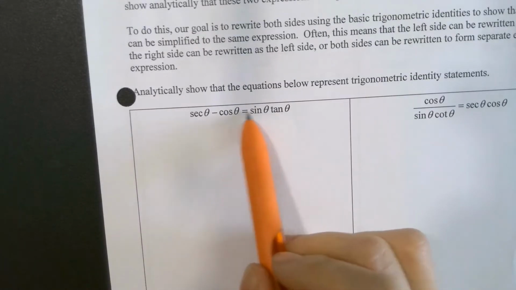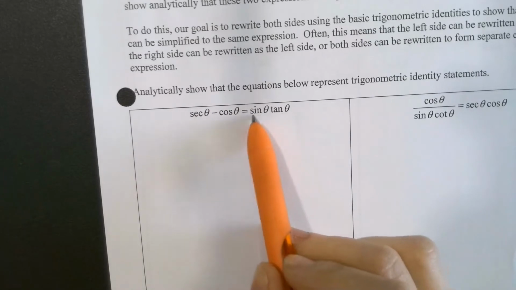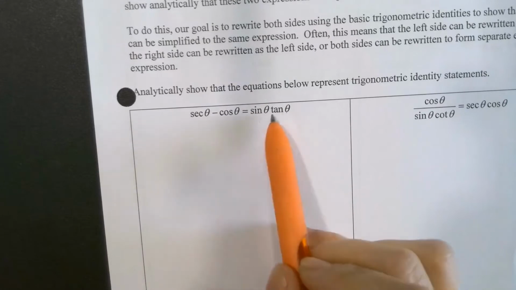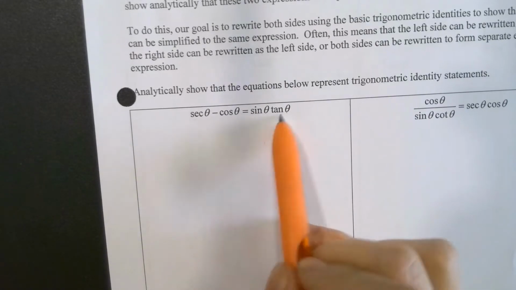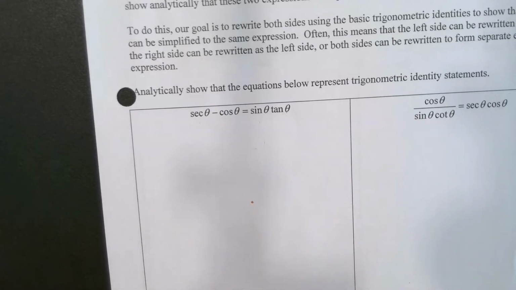You can choose one side, do all the magic, and end on the other side. Or you can work separately from 2 different sides and get to the same answer, and that is enough to verify that 2 expressions are equivalent. I'll explain more once we get to the real problem in a second.